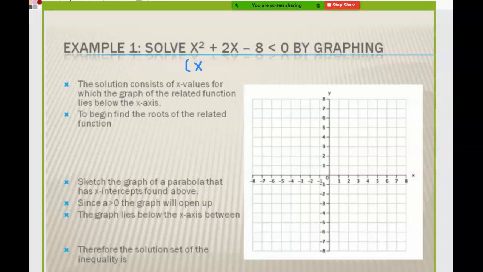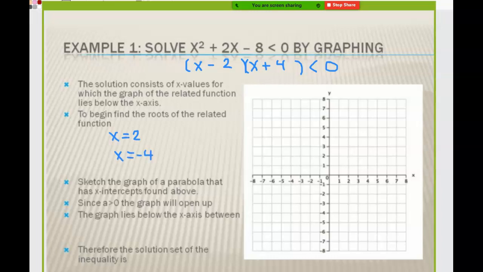So that's the same as x times x. And then you need two numbers that multiply to negative 8 but add to 2. So that means my larger factor of 8 is positive, and my smaller factor of 8 is negative. So you're going to have a positive 4 and a negative 2. So that means the roots of this are at x equals 2 and x equals negative 4.